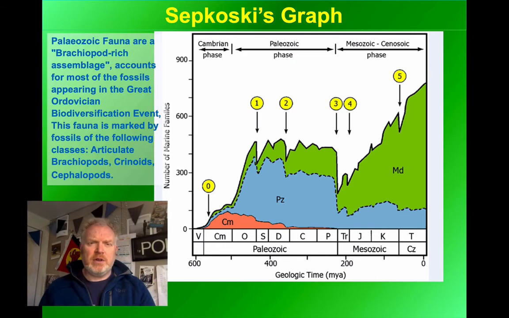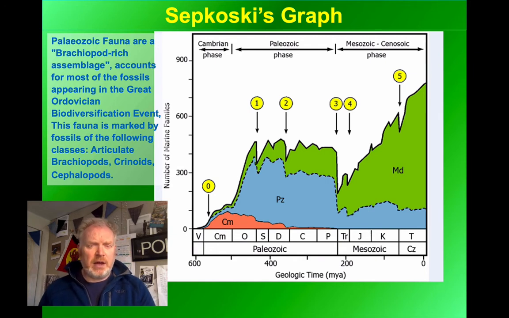The blue area on the graph then is the Paleozoic fauna. These are defined as brachiopod-rich assemblages. These are the fossils that appeared during what we call the Ordovician radiation, the biodiversification event that happened through the Ordovician period.